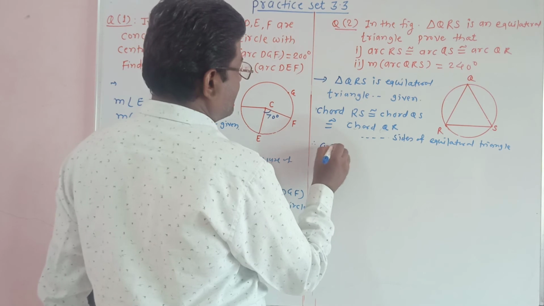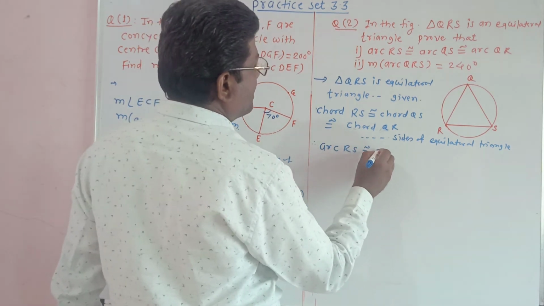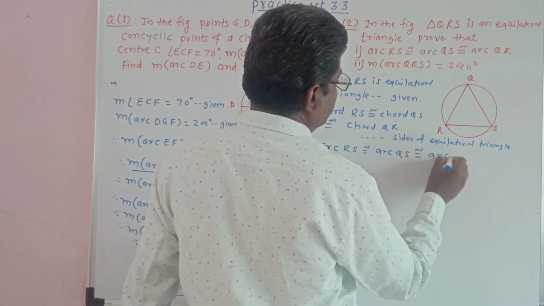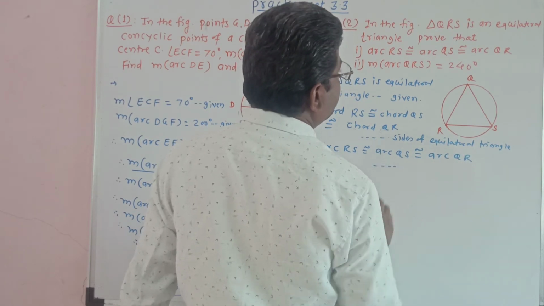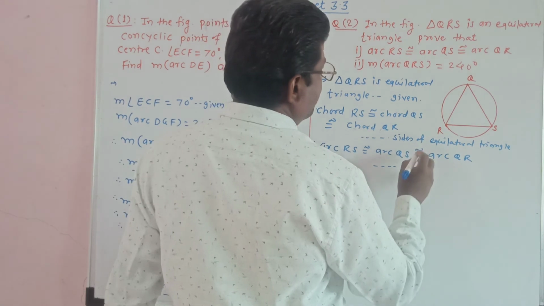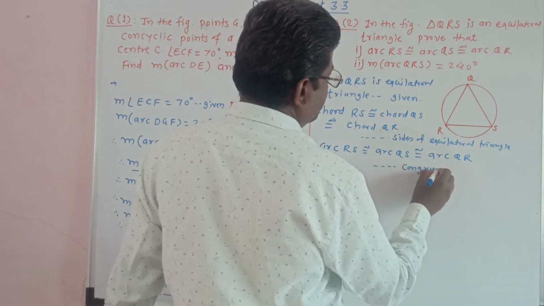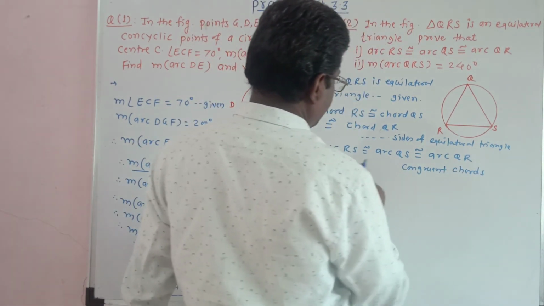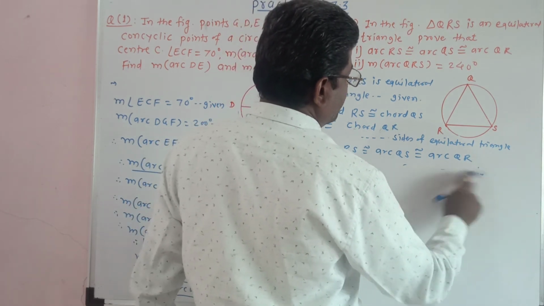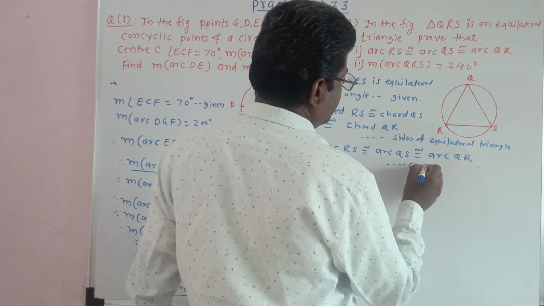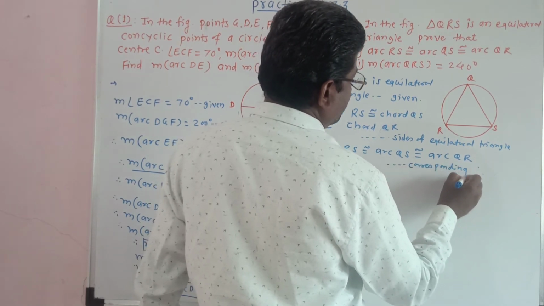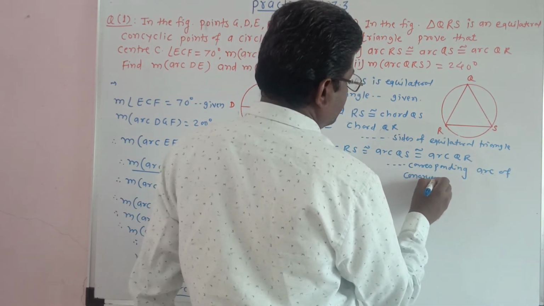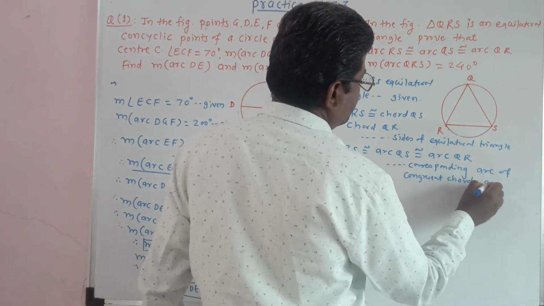Therefore we write here arc RS congruent arc QS congruent arc QR, and reason is corresponding arcs of congruent chords are congruent.